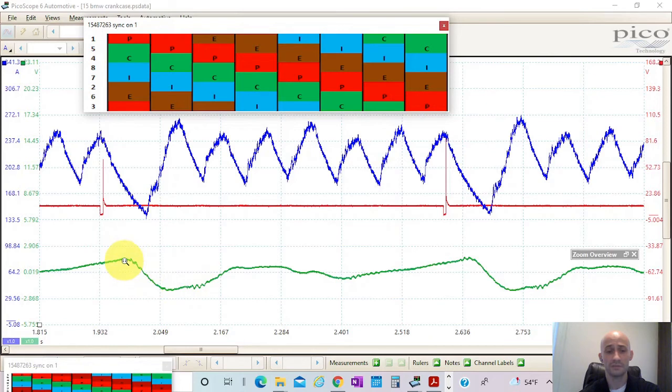We should see some even humps, and if we do suspect a problem in the crankcase, what this is telling us is most likely when the number 5 piston goes to top dead center to compress the air, that air is escaping, possibly going past the rings, possibly there's a hole in the piston, or possibly there is some scoring on the cylinder wall. So let's go in cylinder and verify this.